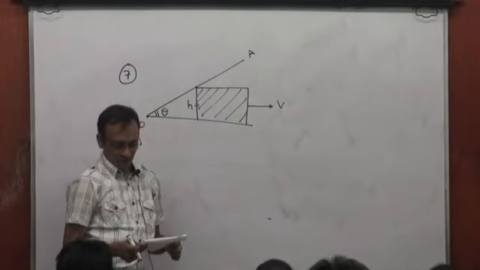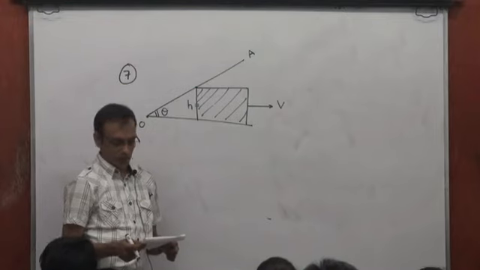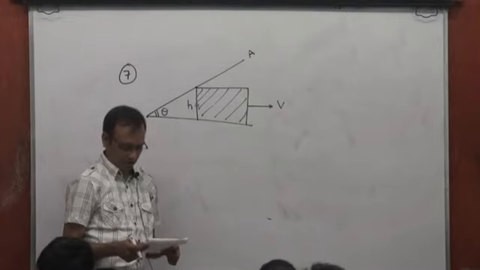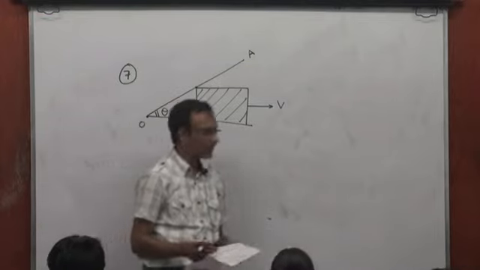Find the angular velocity of the rod in terms of theta. Have these two problems.